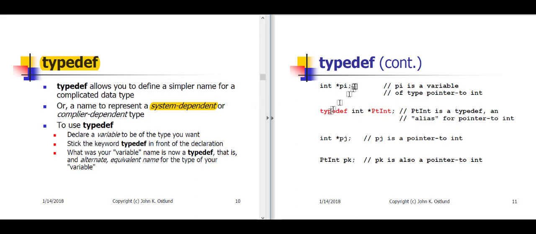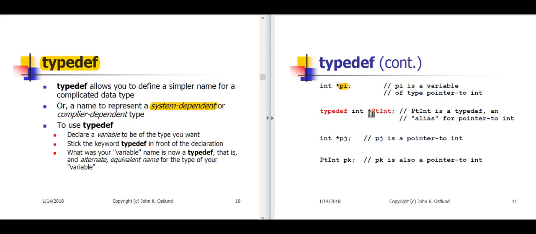Alright, so here on slide 11 we have a variable named pi, which is a pointer to int. Let's suppose that we are too lazy to type int space star all the time for our pointer to int variables, and we would rather have a simple name that we can use instead of the int space star notation.